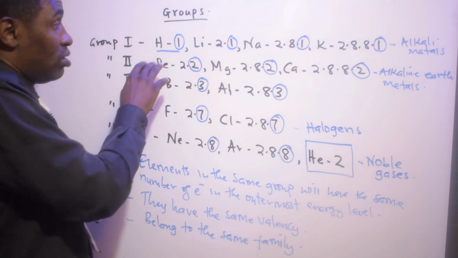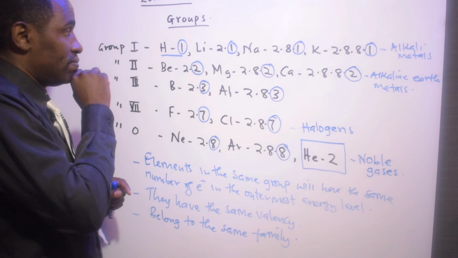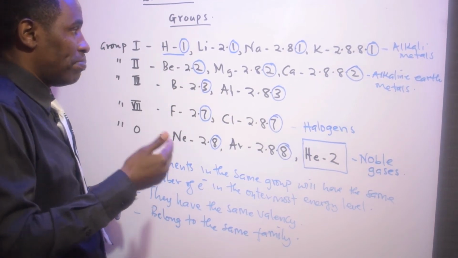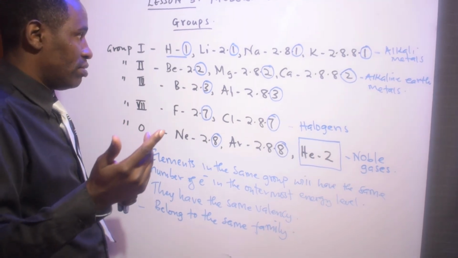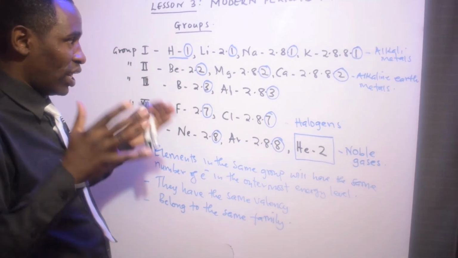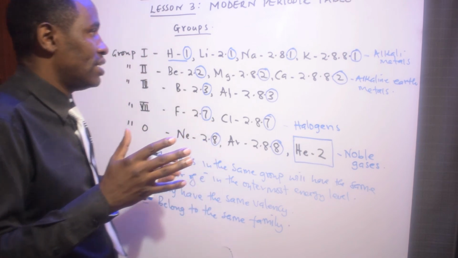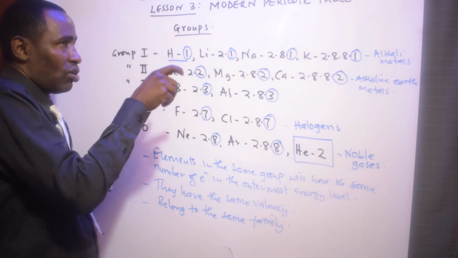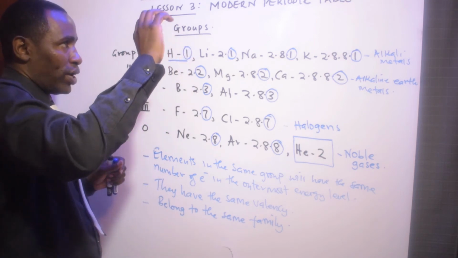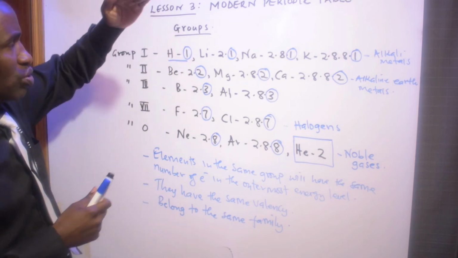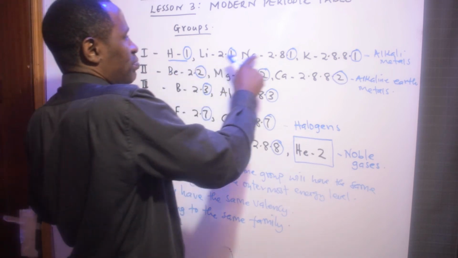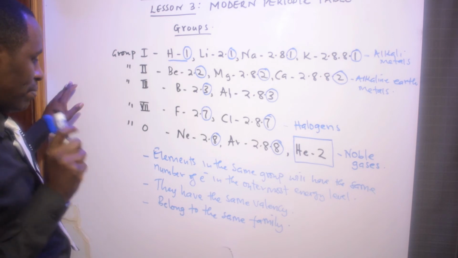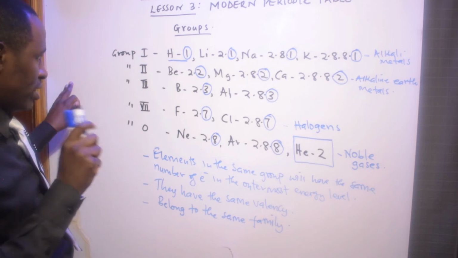It can react by losing 1 electron and can also react by gaining 1 electron. Therefore, it is a special element in the way it reacts. That's why it has been given a special position, not just in group 1, and it does not really have the properties of the alkali metals. I think it's important I mention that.